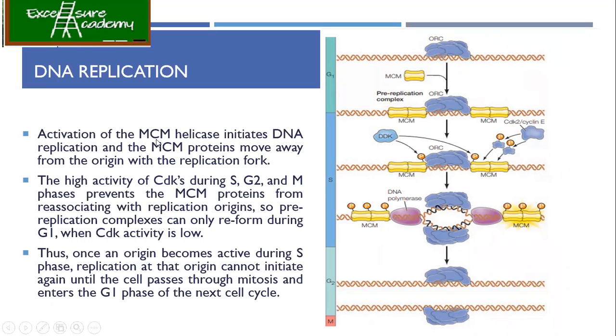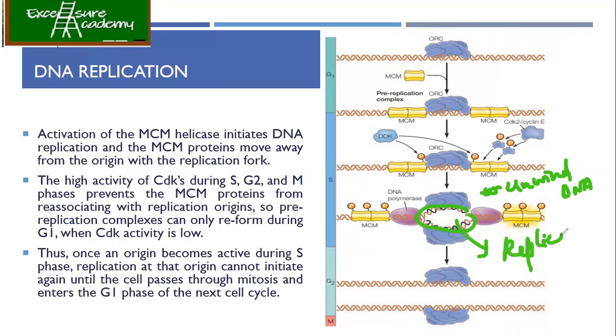So the activation of the MCM helicase initiates DNA replication and the MCM proteins move away from the origin with the replication fork. So you can see that in the figure. Now it has been open. Okay, so it has unwound the DNA. So this is called your replication fork also. Okay, a replication fork.